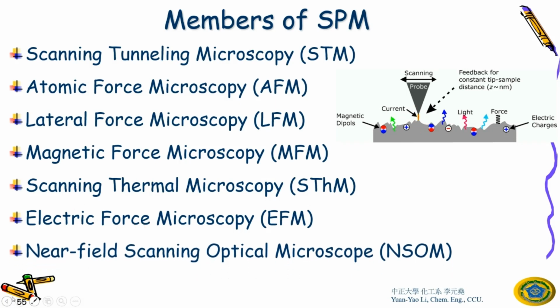And you can also have a near-field microscope. We call it NSOM. Okay, so all together this is called scanning probe microscope. The probe uses different forces: tunneling forces, atomic force, van der Waals forces, lateral forces, magnetic forces. Okay, so you can have many types of microscope.